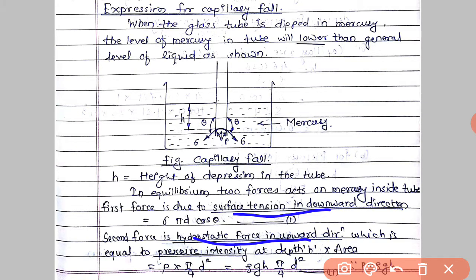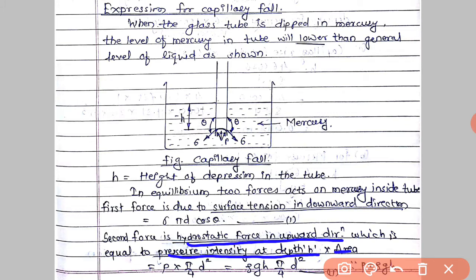So in equilibrium, two forces are on the mercury inside the tube. The first force is due to surface tension in the downward direction, which is given by σ π d into cos θ, that is σ into circumference into cos θ. And the second force is the hydrostatic force in the upward direction, which is equal to the pressure intensity at depth of small h into the area of the glass tube.